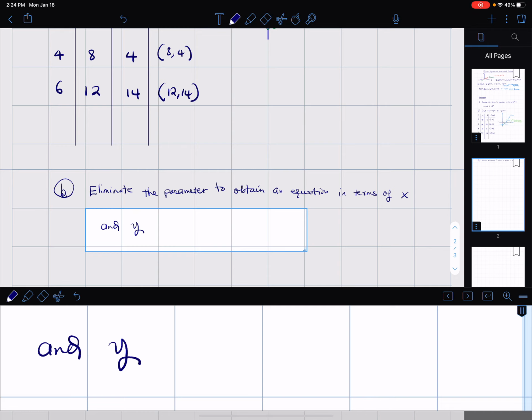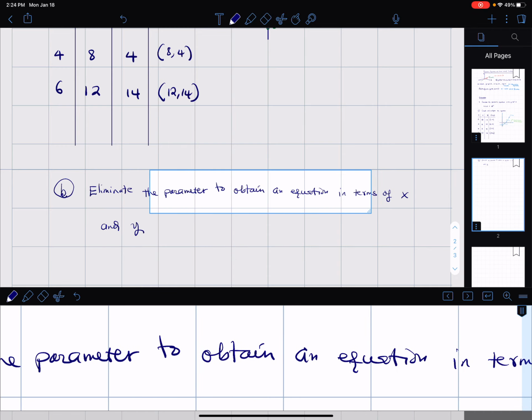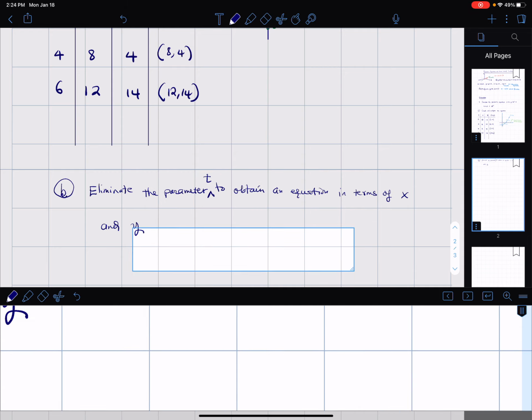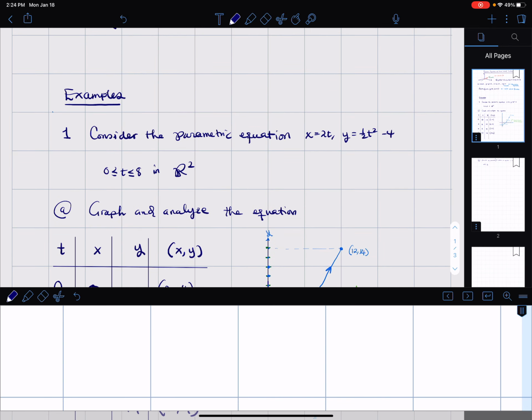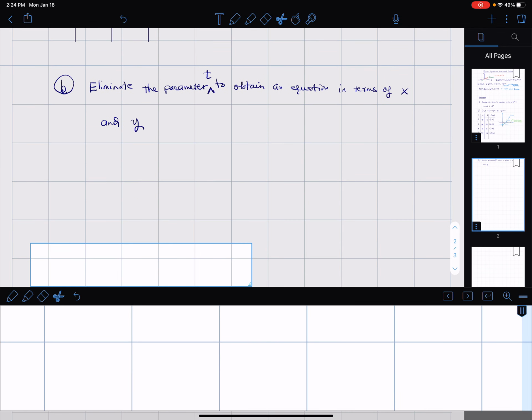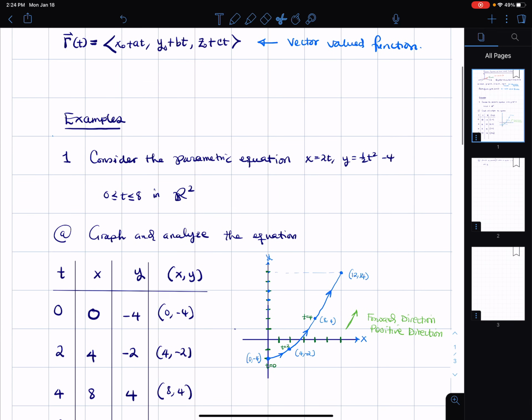And my answer is yes. So can we eliminate the parameter t? Our parameter is t. So remember, we have x is equal to 2t. Oh, shoot. Begin with this.